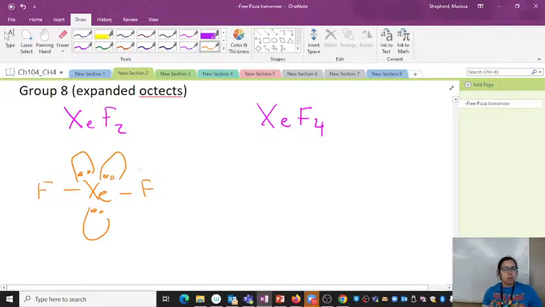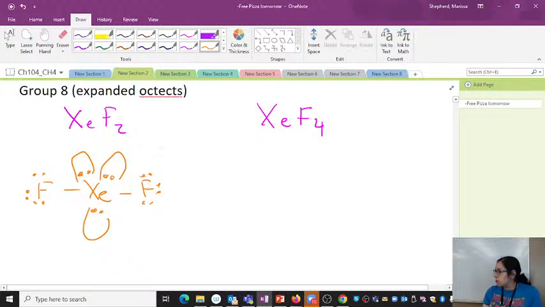Again, there's a couple of different ways to look at it. You know xenon has 8 valence electrons, and 2 of those are involved in bonding with our fluorines, and that means the other 6 are just hanging out as lone pairs.